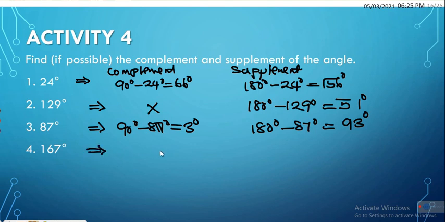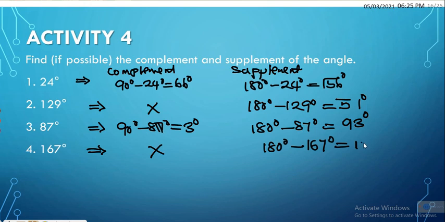And lastly, for this one there is no complement, but the supplement is 180 minus 167 degrees, which is just 13 degrees.